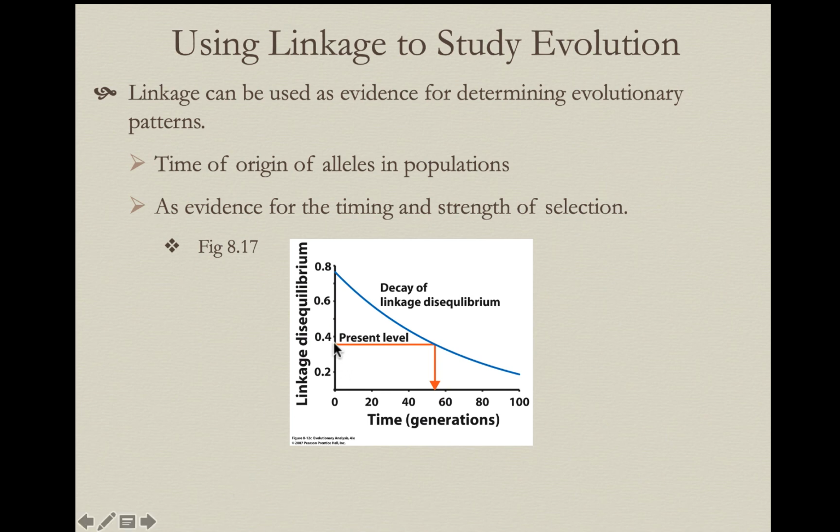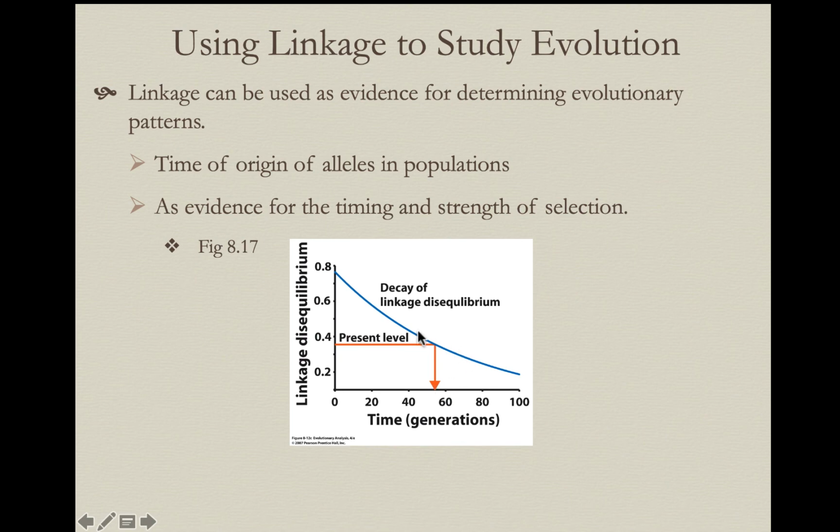We see that if we know what the present linkage disequilibrium is between two loci, and we know the pattern of linkage disequilibrium decay from that formula that we talked about, that we know how that changes from generation to generation, we can scale that to figure out, first, what was the degree of linkage disequilibrium at its origin, and how many generations it has been since that linkage disequilibrium occurred.